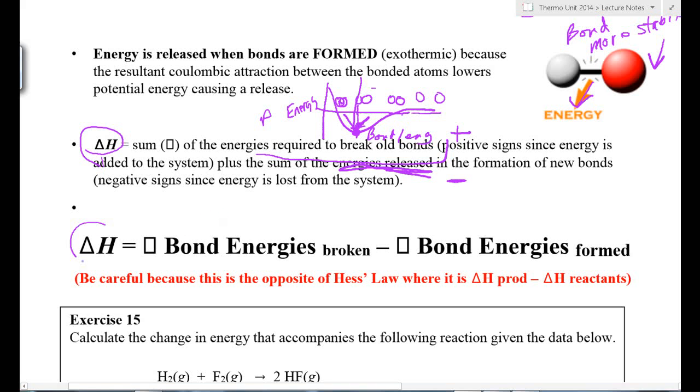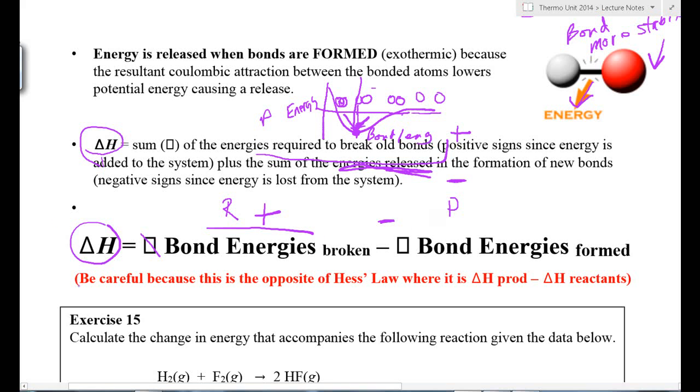So the change in enthalpy, ignore again these boxes, it's the bond energies, the energies to break the bonds, which is always going to be positive, minus the energies, it's always a minus, right? Energies when the bonds are formed. Okay, so it's the energies of the reactants' bonds minus the energy of the products' bonds, right? When I'm producing them.